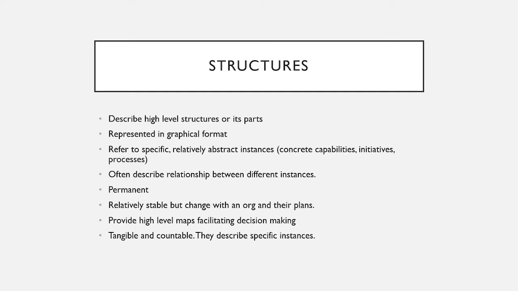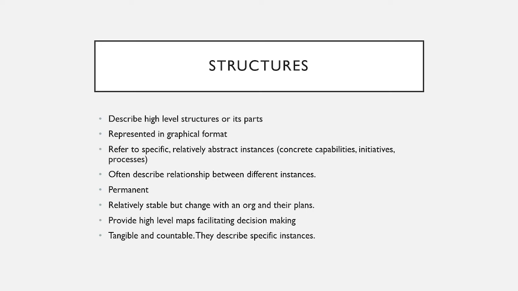Structures describe high-level structures or parts and are usually represented in a graphical format. A lot of times they refer to specific, relatively abstract instances, concrete capabilities, initiatives, processes, and they often describe the relationship between different instances rather than an overarching idea among instances. Like rules, these are permanent as well.